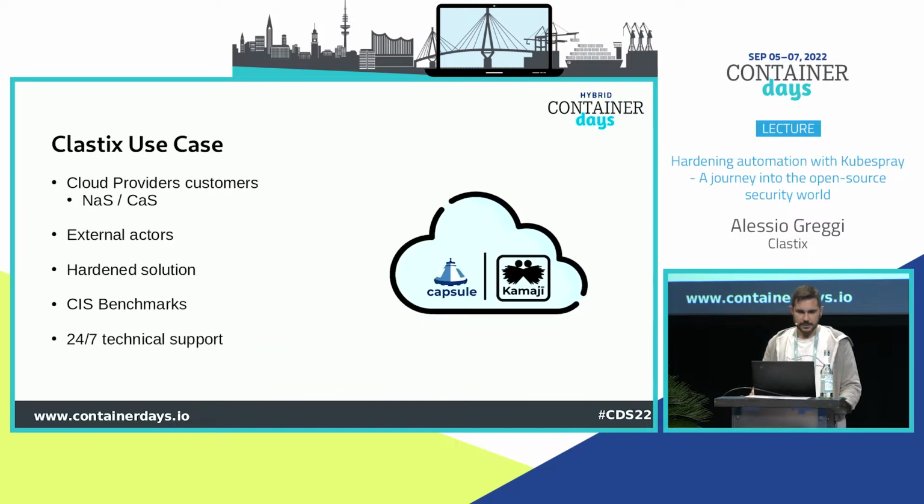So let's see now the Clastix use case: why we decided to follow this path and why we decided to use Kubespray. The Clastix customers usually are cloud providers, because we develop these kinds of Kubernetes operators. Essentially, they use these operators to manage the namespace as a service and the control plane as a service for their customers.